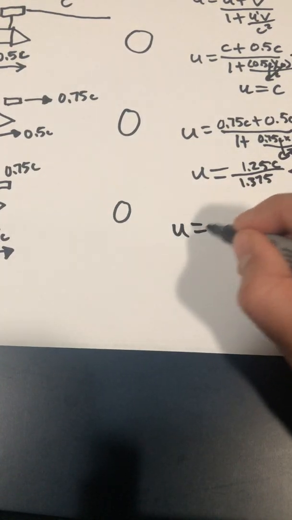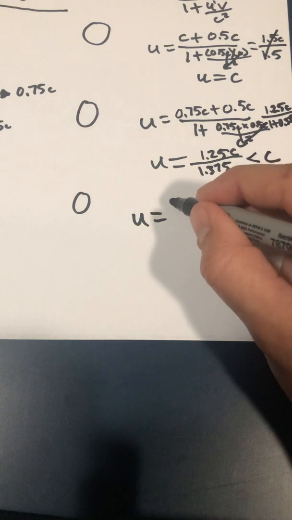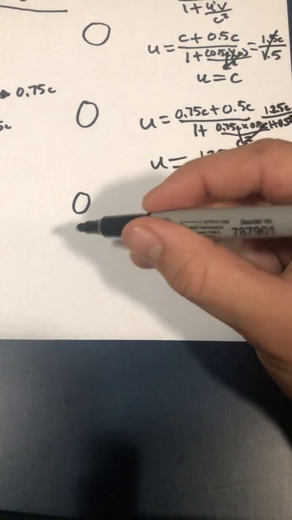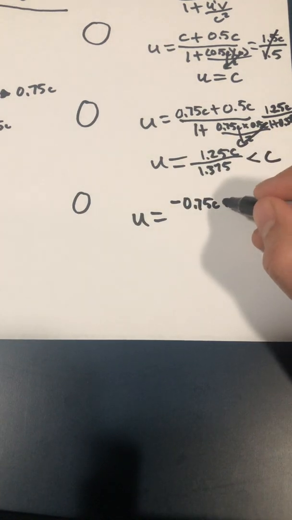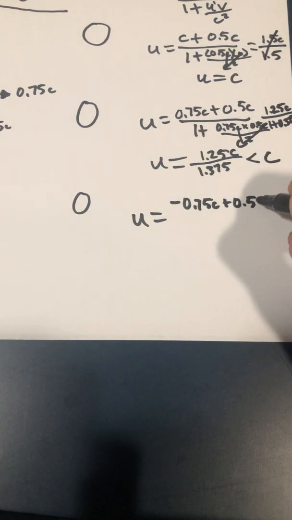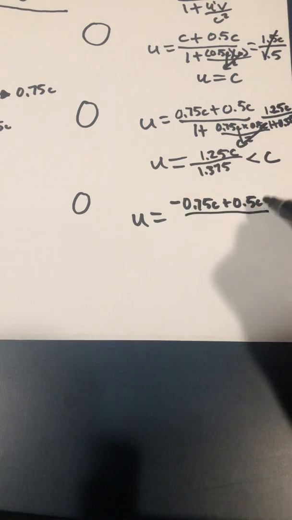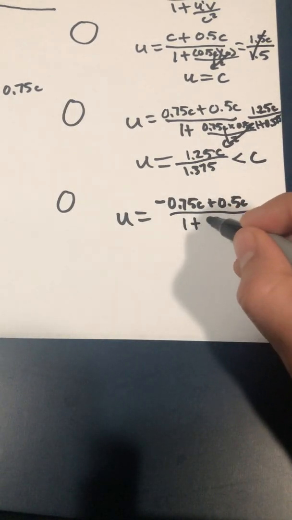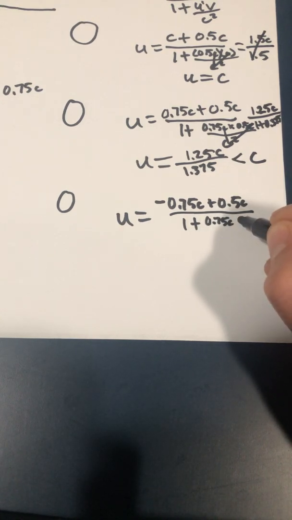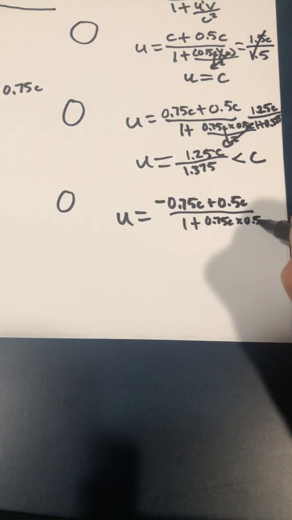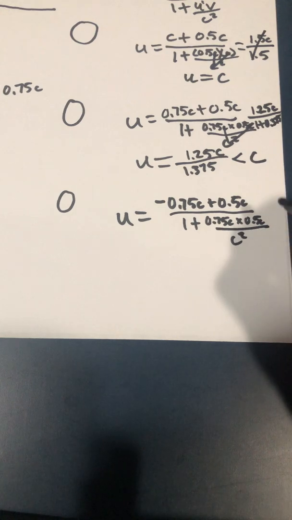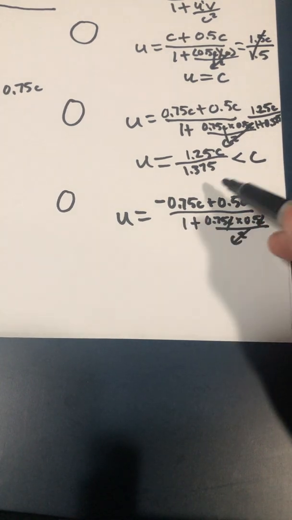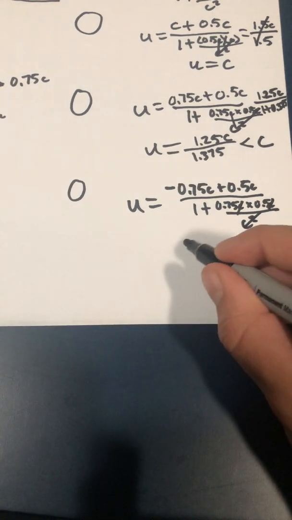So writing it out, it's going to be negative 0.75 because it is going away from our Earth. And then adding the next part of the velocity of the rocket ship, over c squared. So again, these c's cancel out, so we have a simple addition on top and bottom.